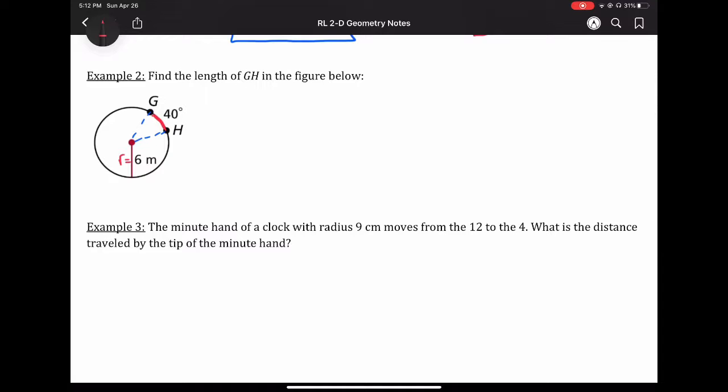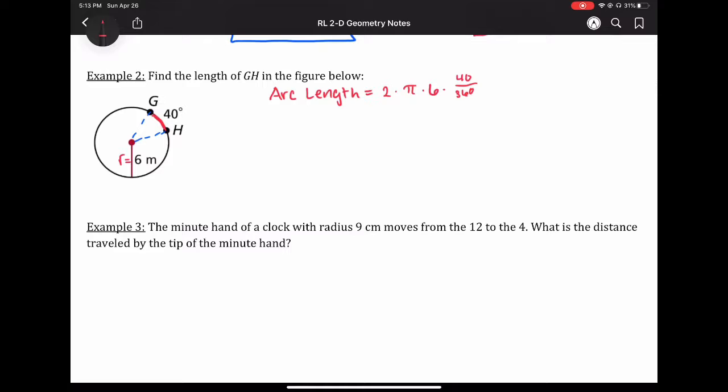Using my formula, arc length, or the length of GH, is equal to 2 times pi times the radius, which was 6, times the fraction of the circle, which is 40 degrees over the total of 360 degrees in a circle.